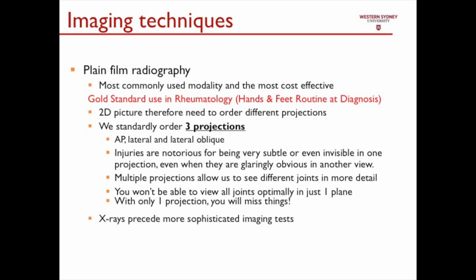What we recognise is that injuries are notorious for being very subtle on X-ray and almost invisible if just one projection is used, when they can be glaringly obvious in another view. So the use of multiple projections would allow us to see joints in more detail. You won't be able to view all joints optimally in just one plane. So with only one projection, you must consider that generally you will miss things.